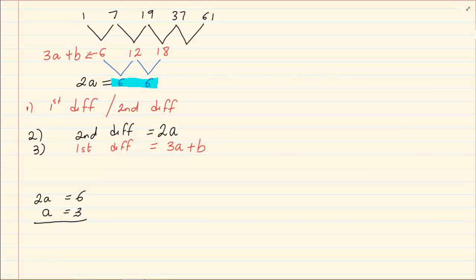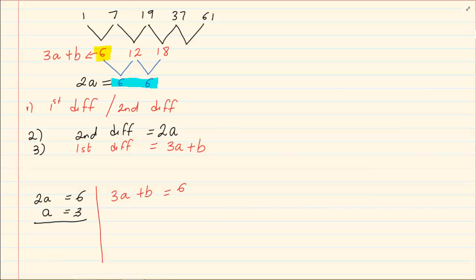Then you're going to solve for b. Now you already have a. Remember, it's the first difference. I'm taking the first value that we had calculated. Not the second, not the third, the very first one that we had calculated.